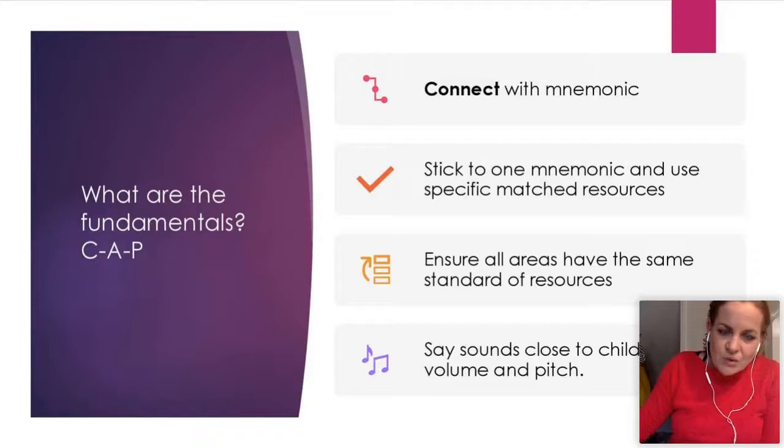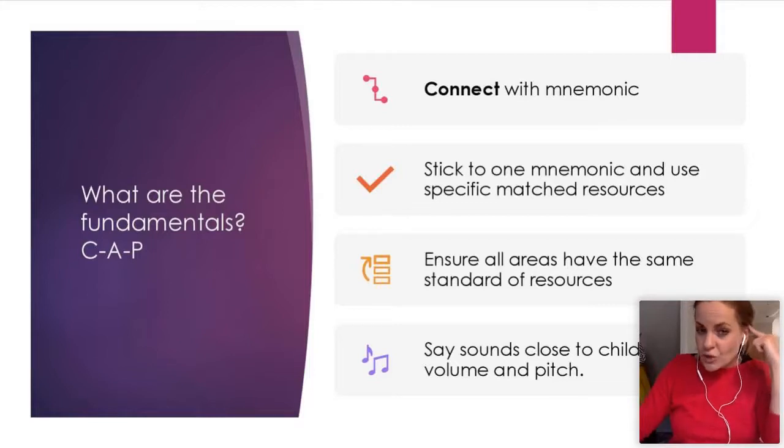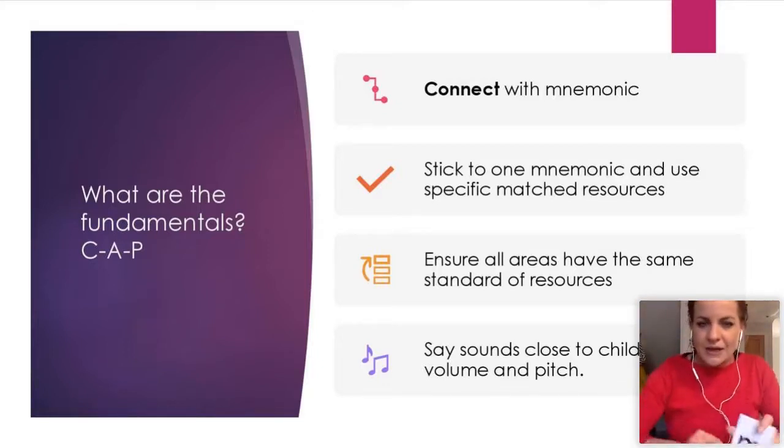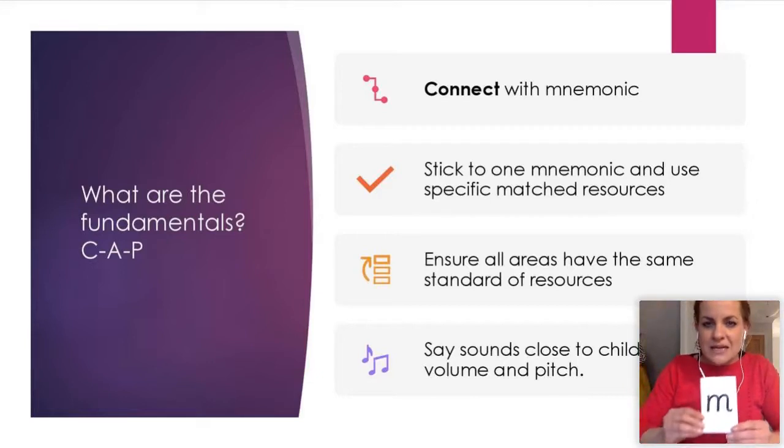We've got to make sure that with our pronunciation, we say the sounds close to the children's volume and pitch. So if you change the sound, going up and down for each one, okay, they're not going to make that connection. Keep it the same and keep it consistent. Think about local dialect as well.